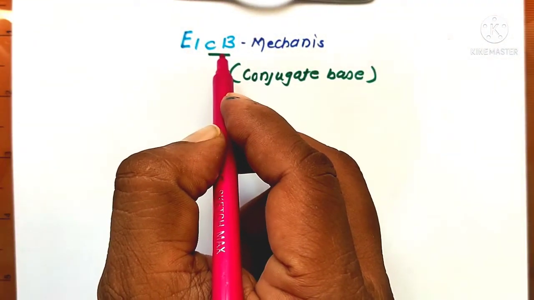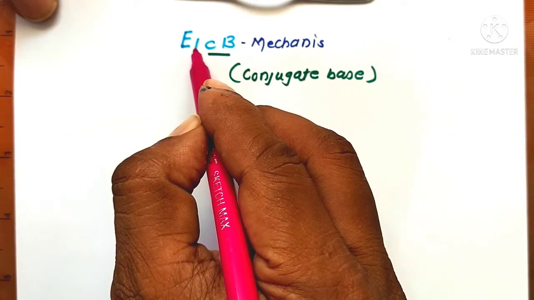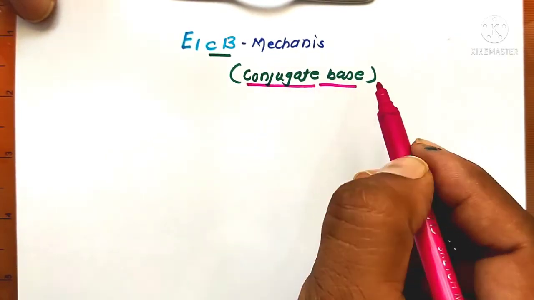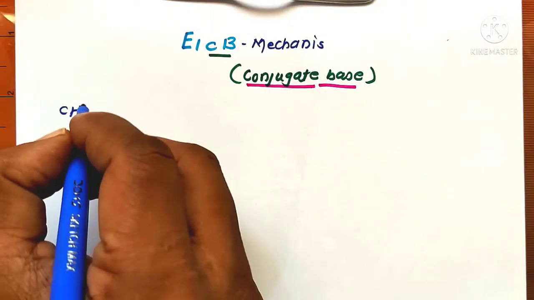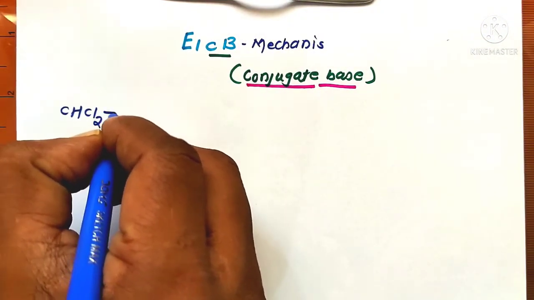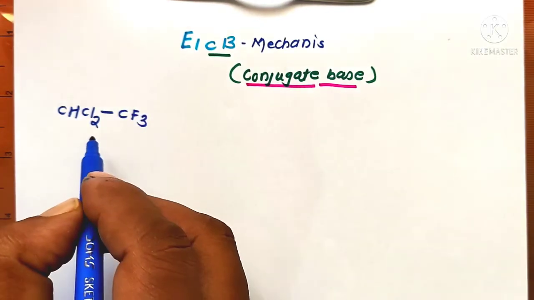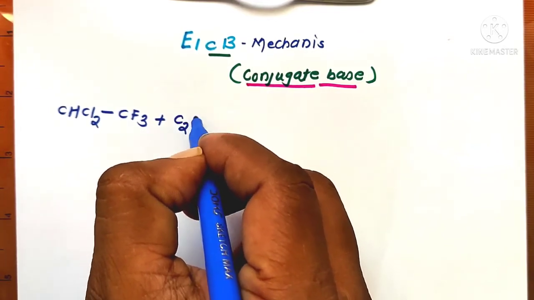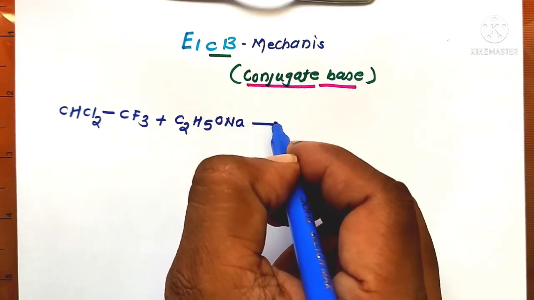In the E1cb reaction mechanism, the E is for elimination, 1 for unimolecular and Cb for conjugate base reactions. In the dehydrohalogenation of alkyl halides having strong electron withdrawing groups like CHCl2, CF3, such types of molecules react in the presence of a strong base like C2H5ONa.